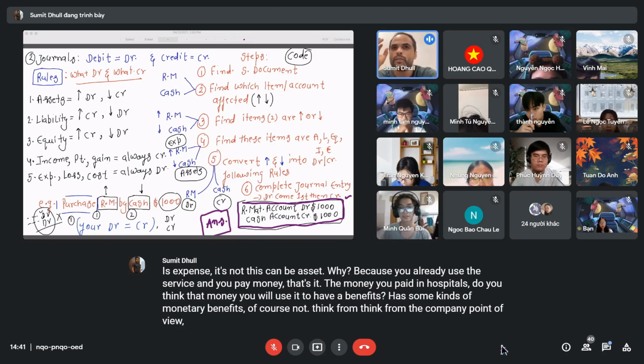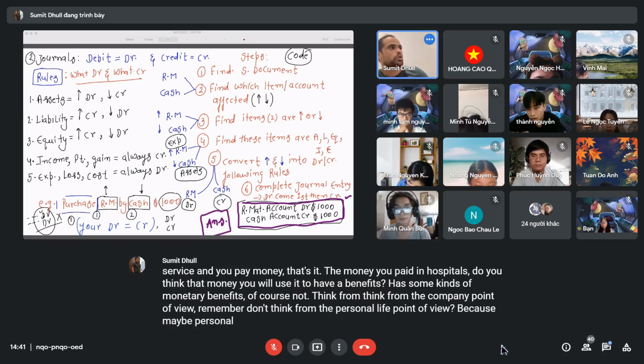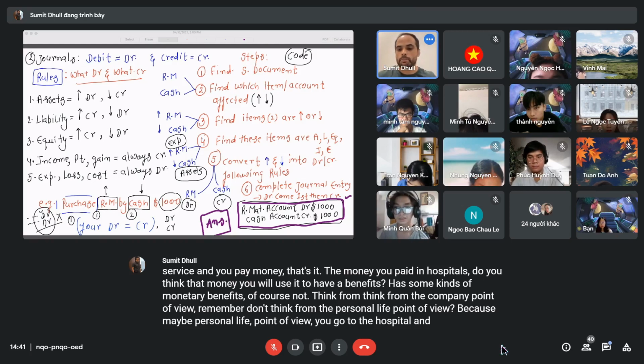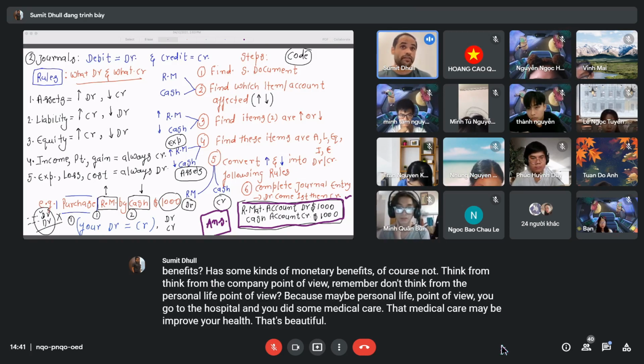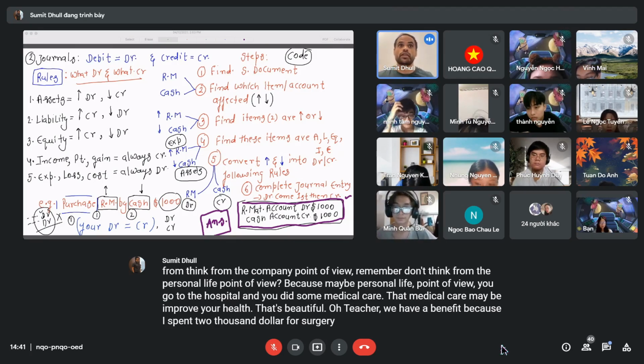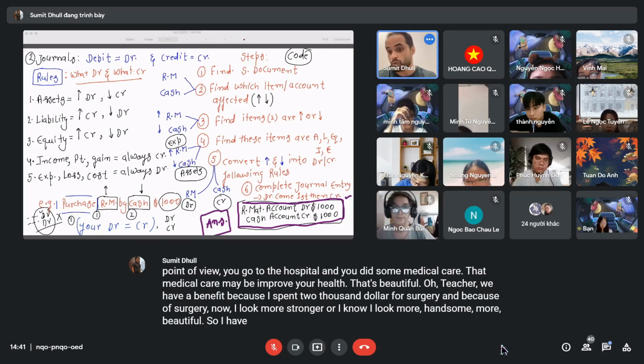Remember, don't think from the personal life point of view, because in personal life you go to the hospital and get medical care, and that maybe improves your health. You will say, oh teacher, I have a benefit because I spent $2,000 for surgery and now I look stronger, more handsome, more beautiful. Yes, you are right.